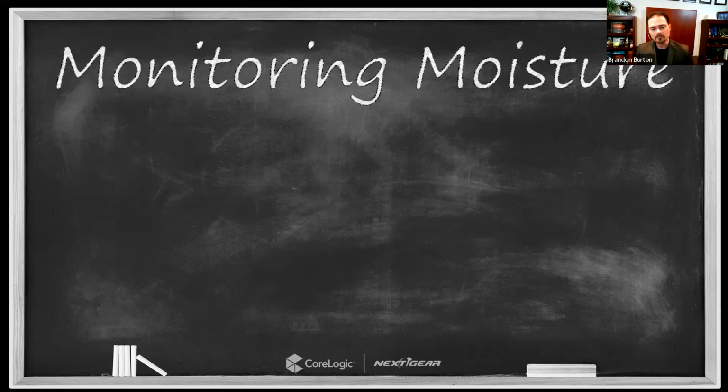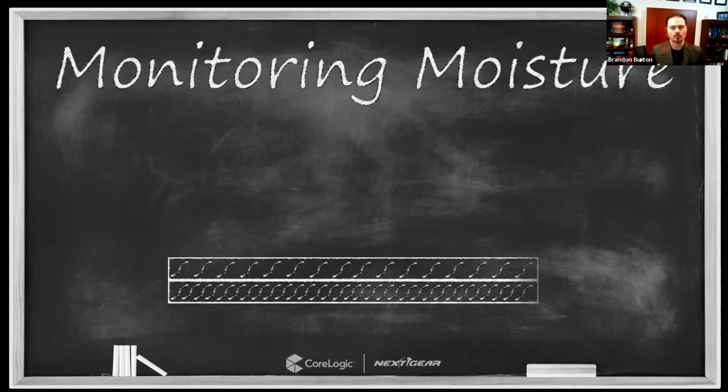Consistency is key. Another method for consistency that's been in the industry for some time that has some pros and cons, but I definitely want to highlight, is when we're using invasive meter measurements into especially wood materials.